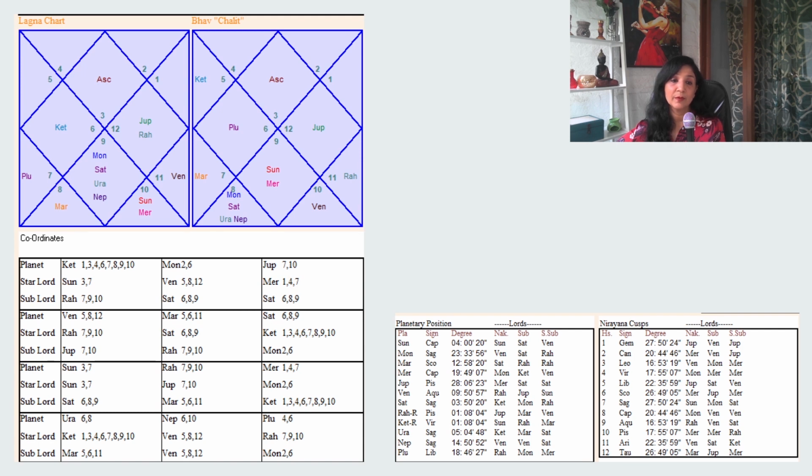Then come to 8th script. 8th, again Venus is there. You have to catch here. Venus. This is 8th house cusp sublord. So again, this is showing 5, 8, 9, 10. So complete combination means this person will make a name or even business with his research work. Okay.